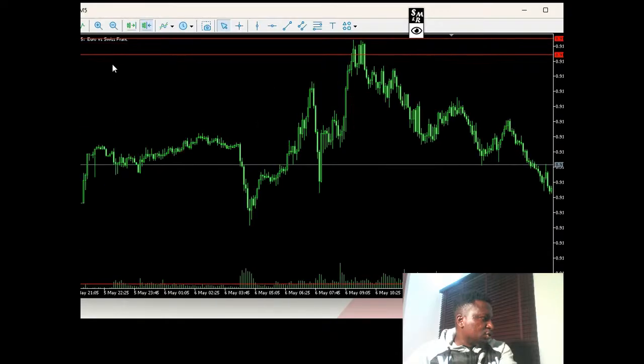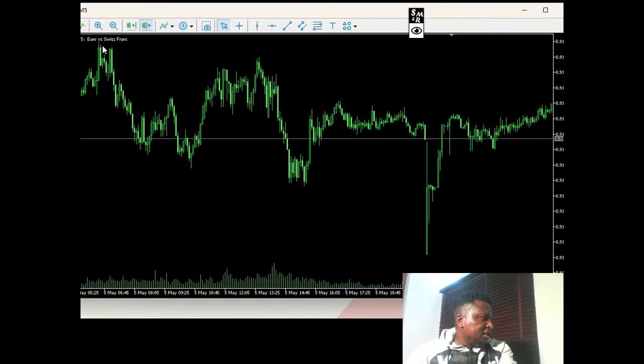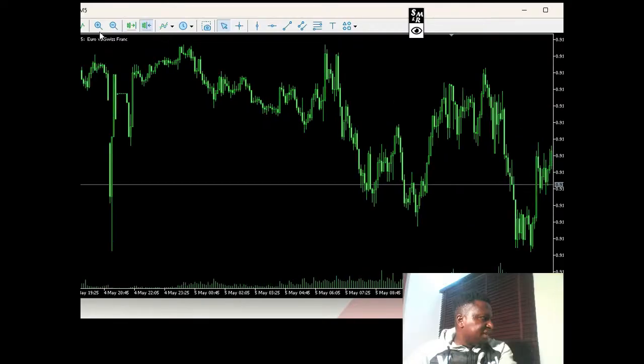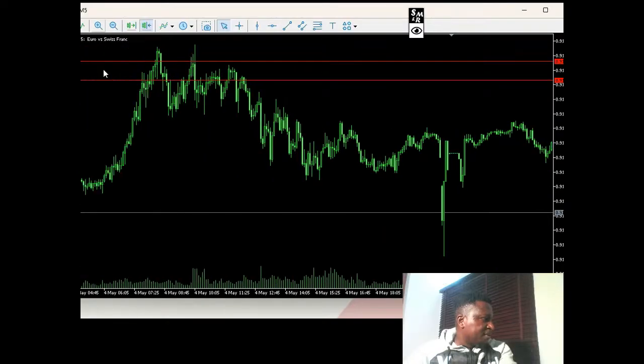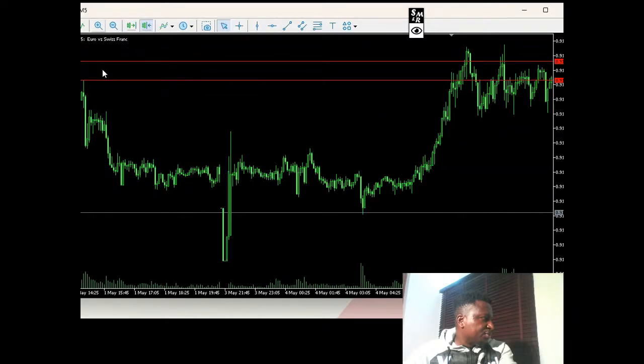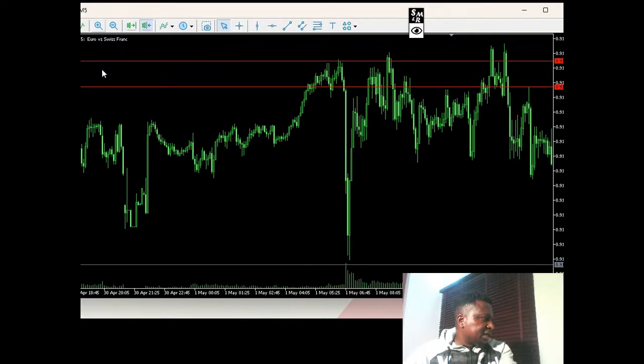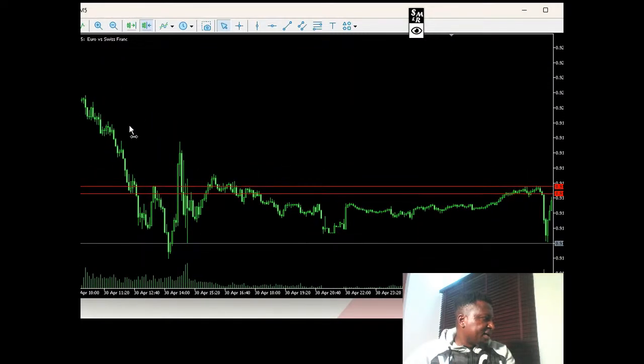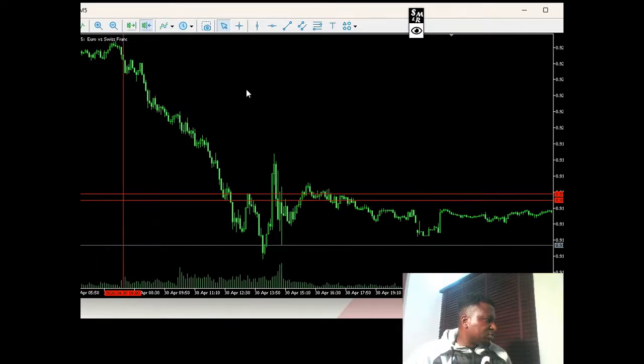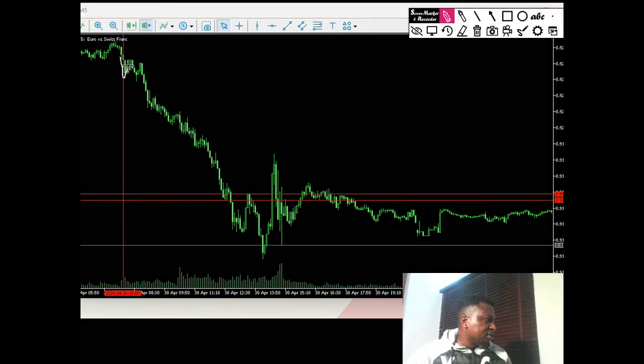So you can see before price will leave that zone and take off, we are getting closer. From here, you can see that price was also doing up and down, up and down, up and down.